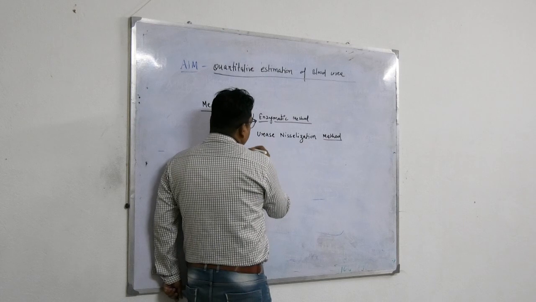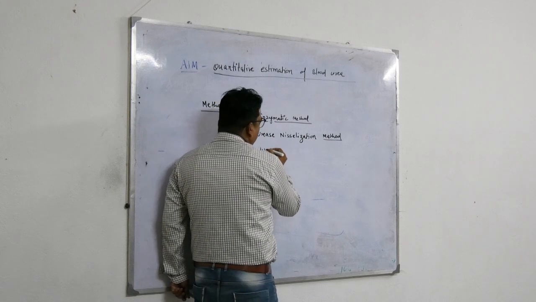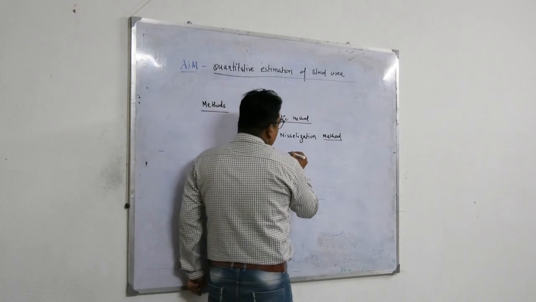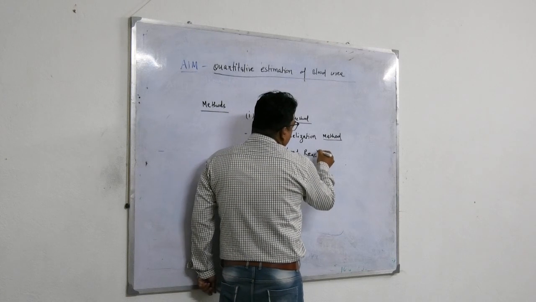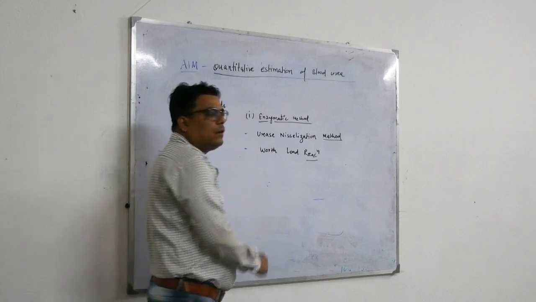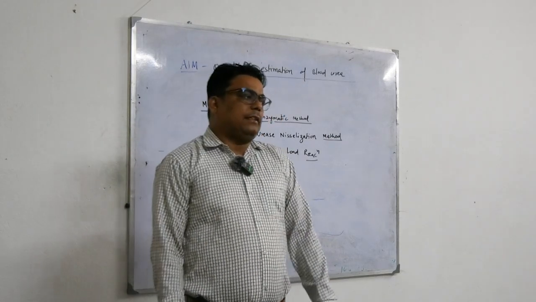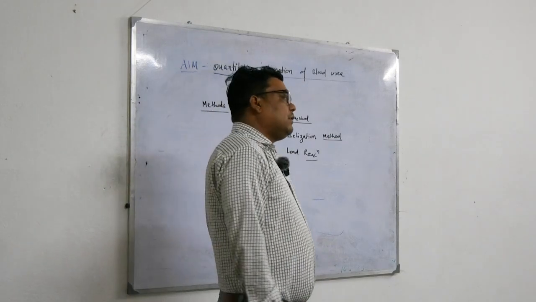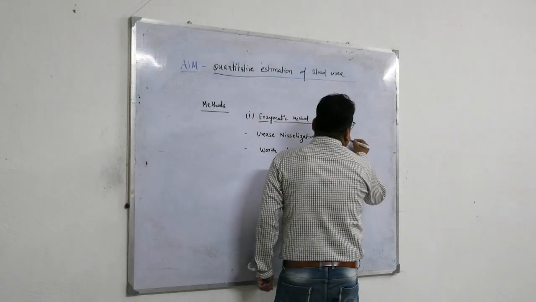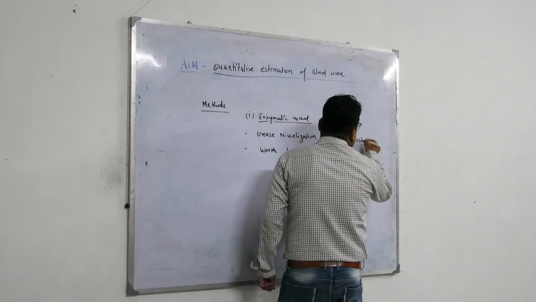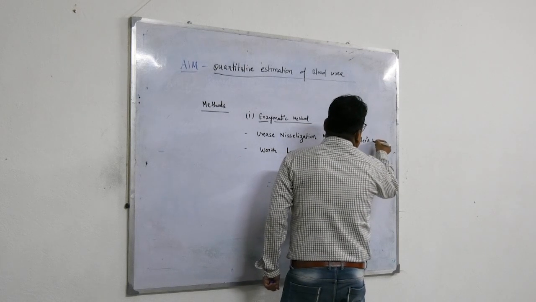Second one is the biuret reaction. We also call this method Nessler's method.